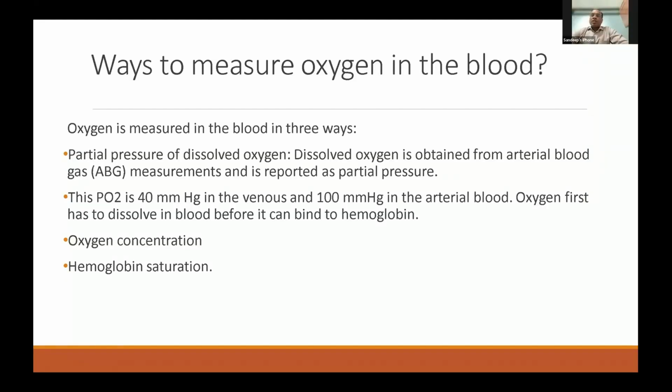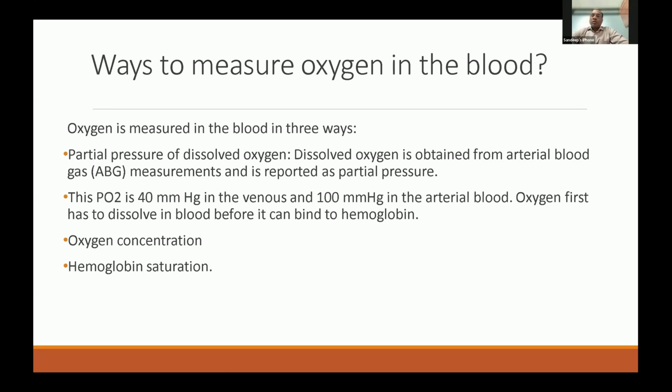So the partial pressure of SpO2, SaO2, and the PaO2. What you see in ABG is PaO2, which is the amount of dissolved oxygen, the partial pressure of dissolved oxygen in the plasma. Second is how much of the hemoglobin is saturated with oxygen, called SaO2, which is again seen in the ABG.